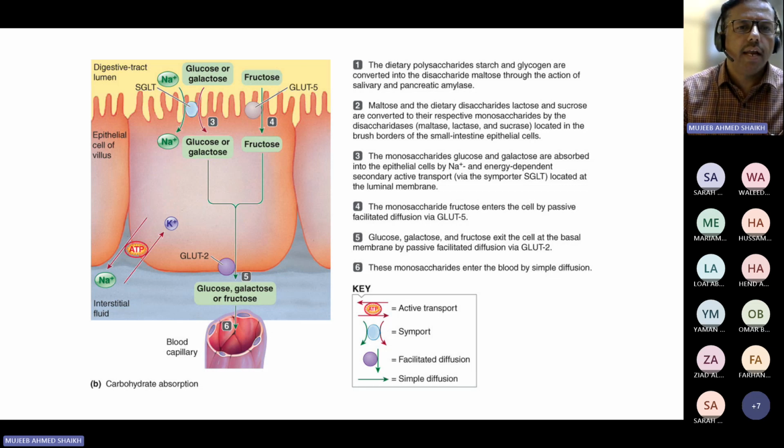So sodium will bind to one site of the SGLT, glucose or galactose will bind to the other side of the SGLT protein, and both will move inside the cell.